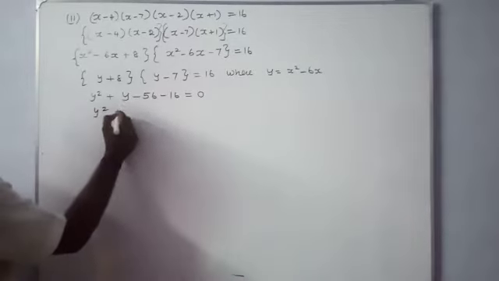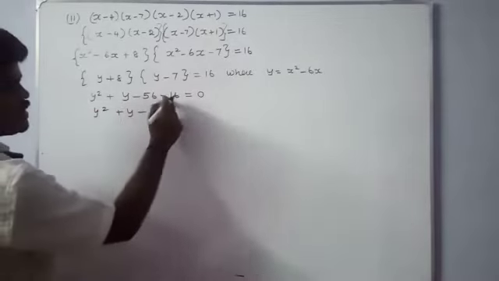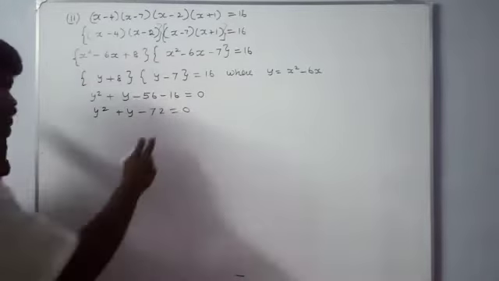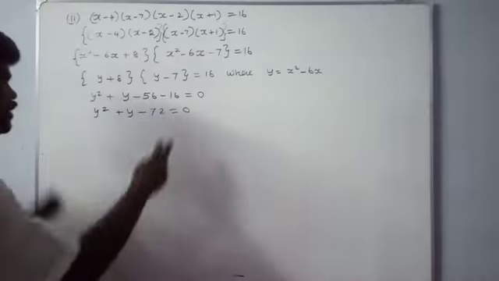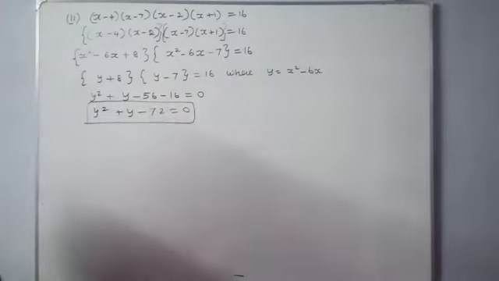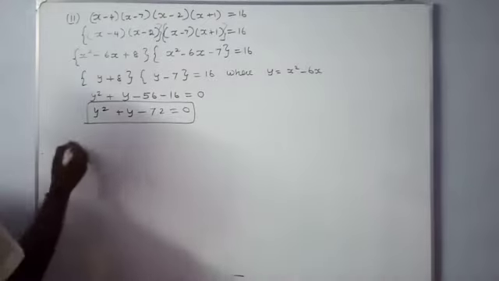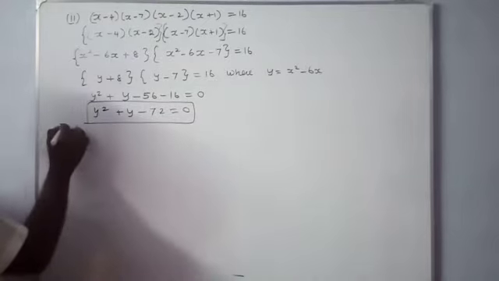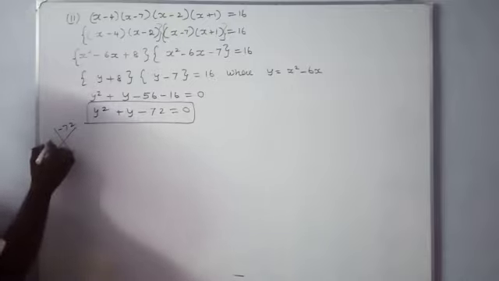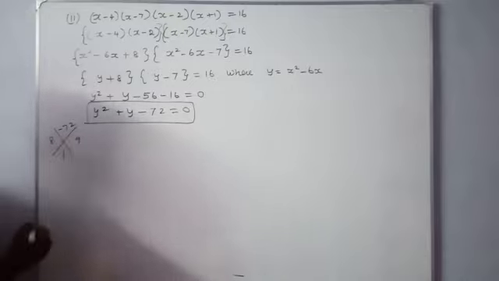Now y² + y − 72 = 0, because −56 − 16 is −72. These are also quadratic equations, so we want to find the factors. That means −72, and the sum of the roots is 1: 9 and 8.